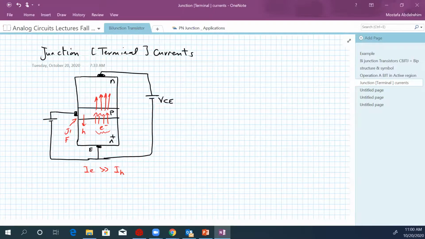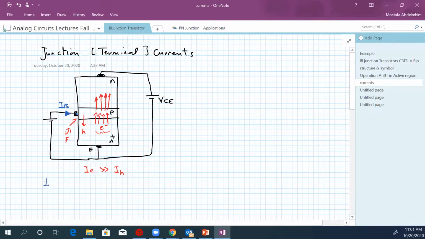Okay, so if we look here, this IH actually has a source. It came from, of course, the holes in this region, and it's flowing in this terminal here. So the current that goes into this base actually compensates this whole movement.